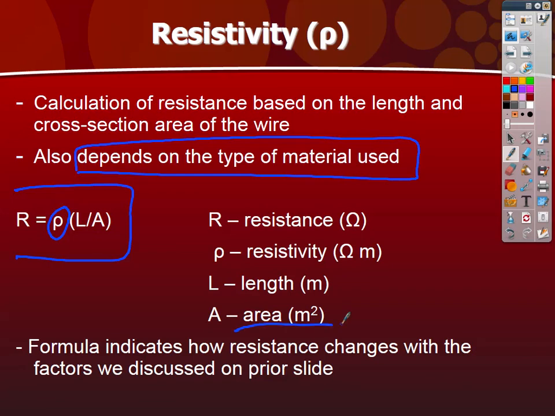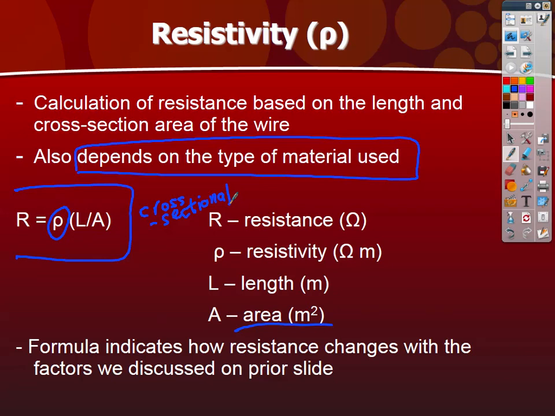Even though I just have area written right here, it's called the cross-sectional area. That would be basically like you look at the wire straight on, from the edge of the wire, like you hold the wire straight away from your eyes, not horizontal.